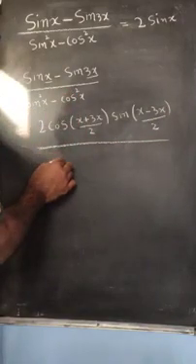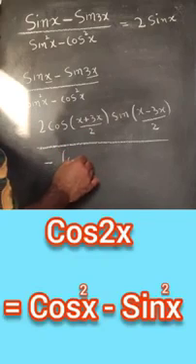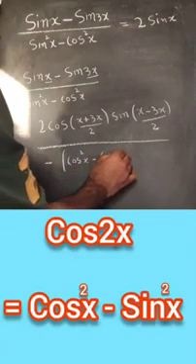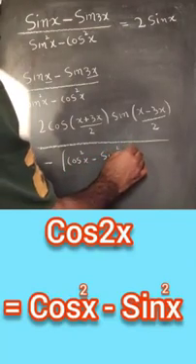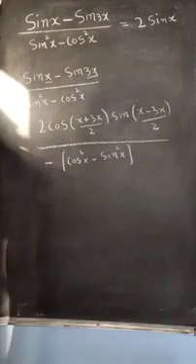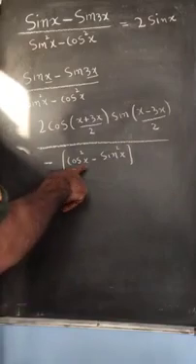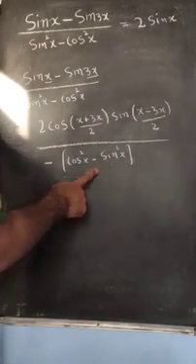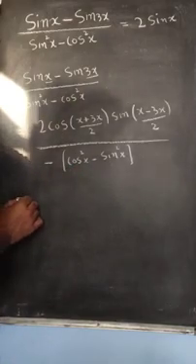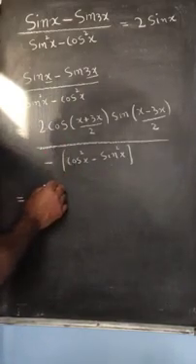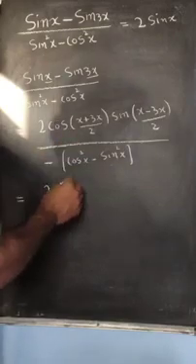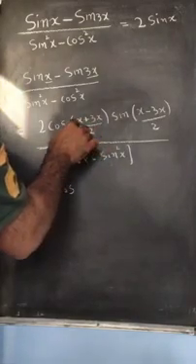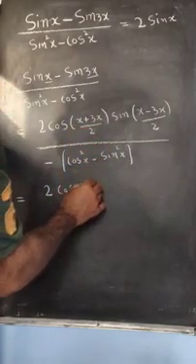We can write it as minus times cosine square x minus sine square x, because we know that cosine square x minus sine square x is equal to cosine of 2x. Now that is further equal to, we can write it is twice cos of 3x plus x, that is 4x. 4x divided by 2 is 2x.